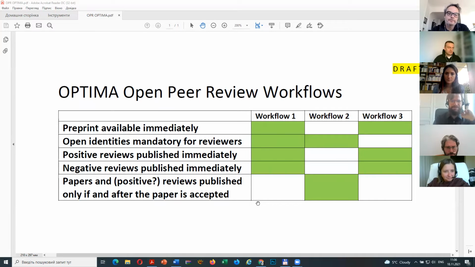Let's discuss the first one. In the first workflow, a person submits a paper. We have a unified concept of abstract and paper. We just merged it for now to make it simple. So anything a person submits is a paper, right? It becomes immediately available as a preprint.